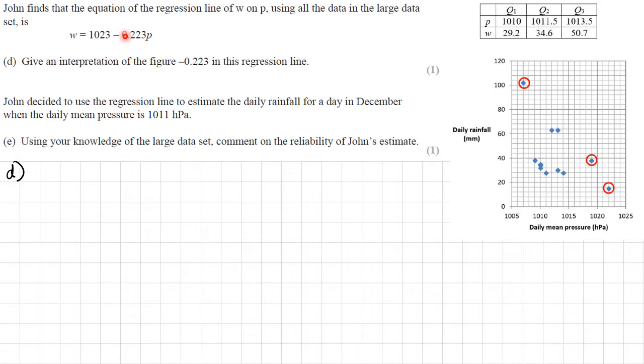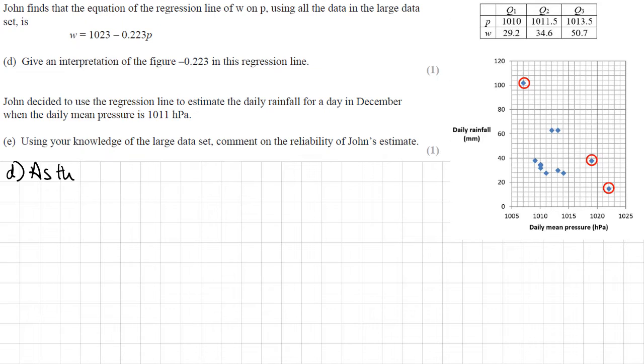Now, the best way to do that is to look at, if you increase this value by 1, what does it do to W? And don't just use P and W, use what they stand for. So you'd write something like this.